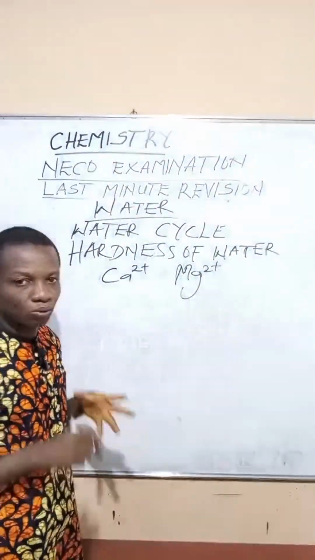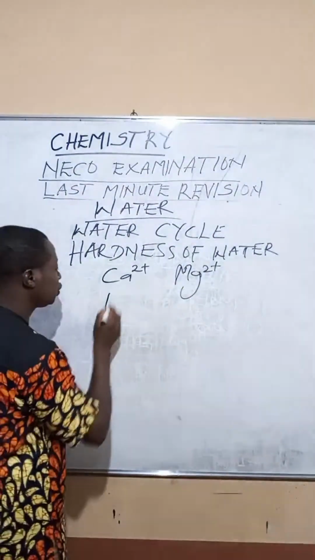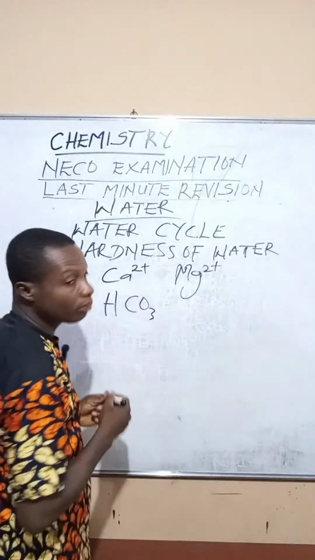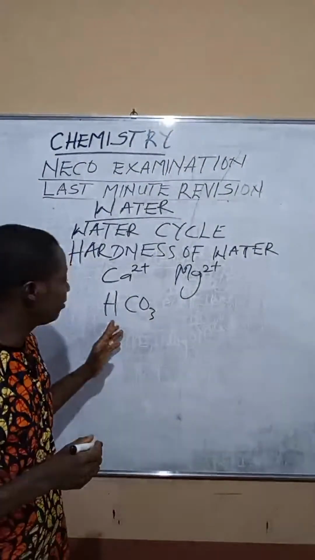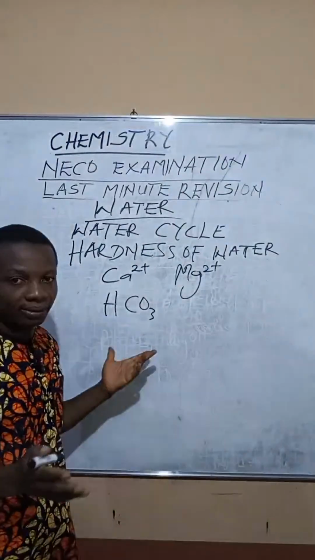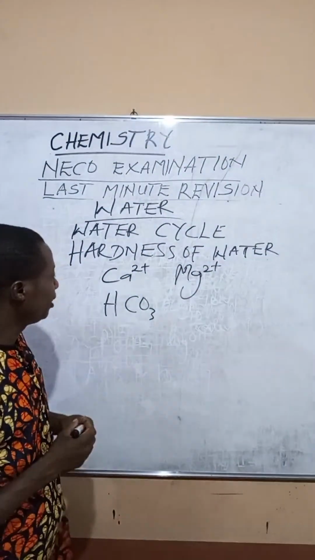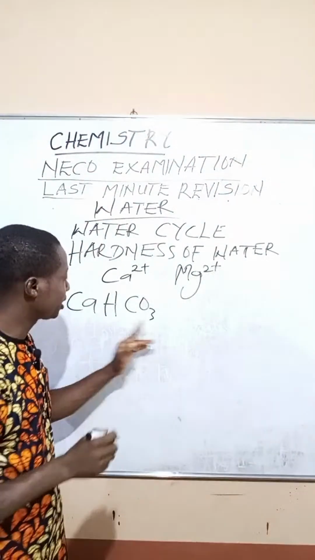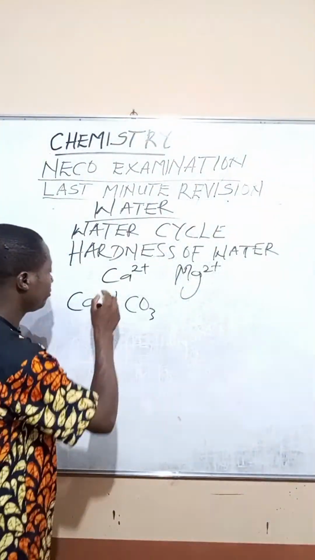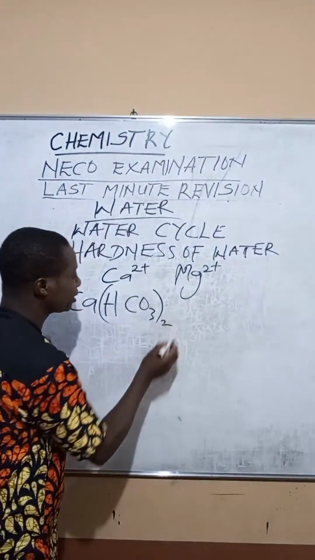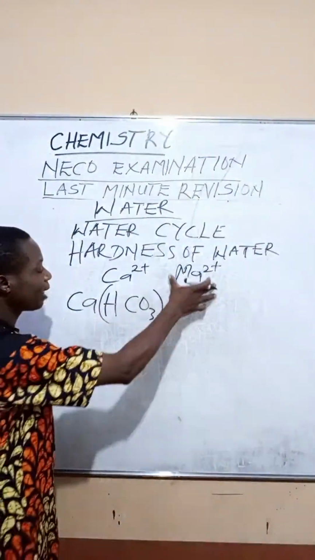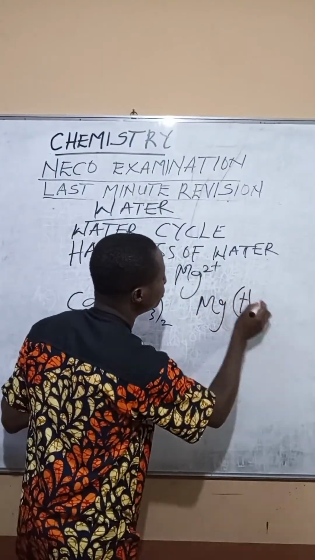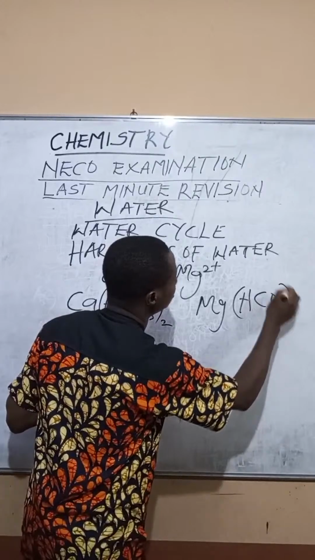If these two are present in water in the form of HCO3, or in the form of sulfate ion, SO4, right? If you have calcium hydrogen carbonate, or you have magnesium hydrogen carbonate, right?